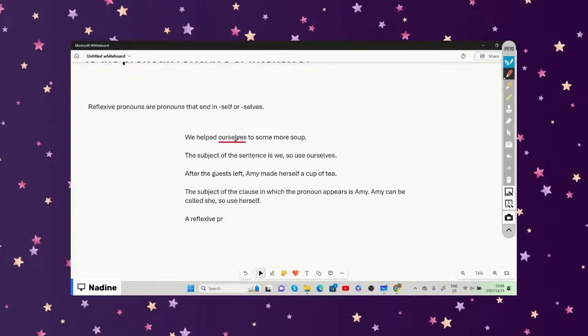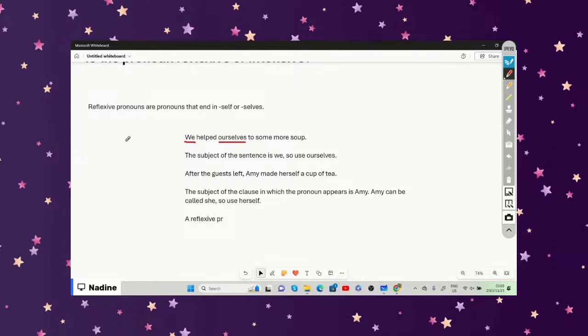And remember, our reflexive pronoun needs to refer back to the subject. Ourselves needs to link back with the subject pronoun we.